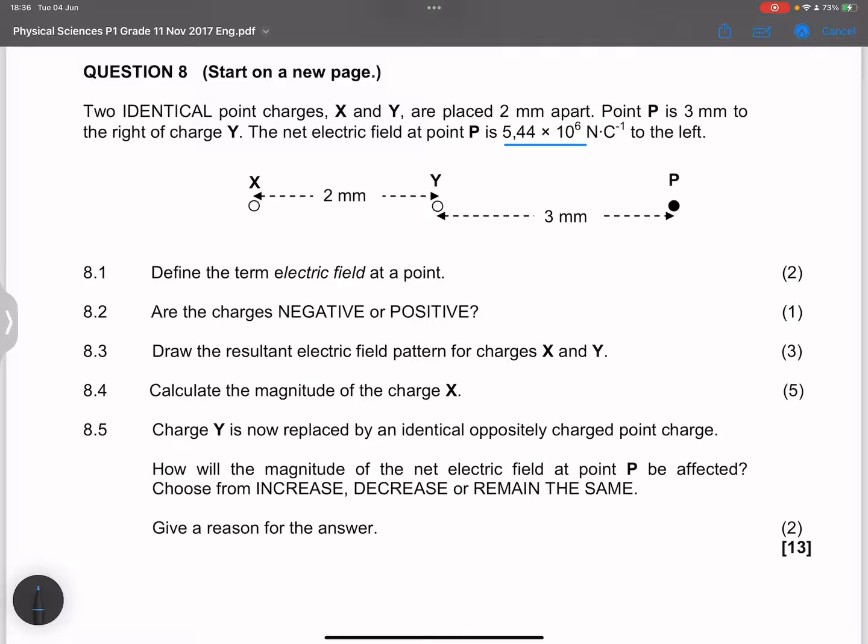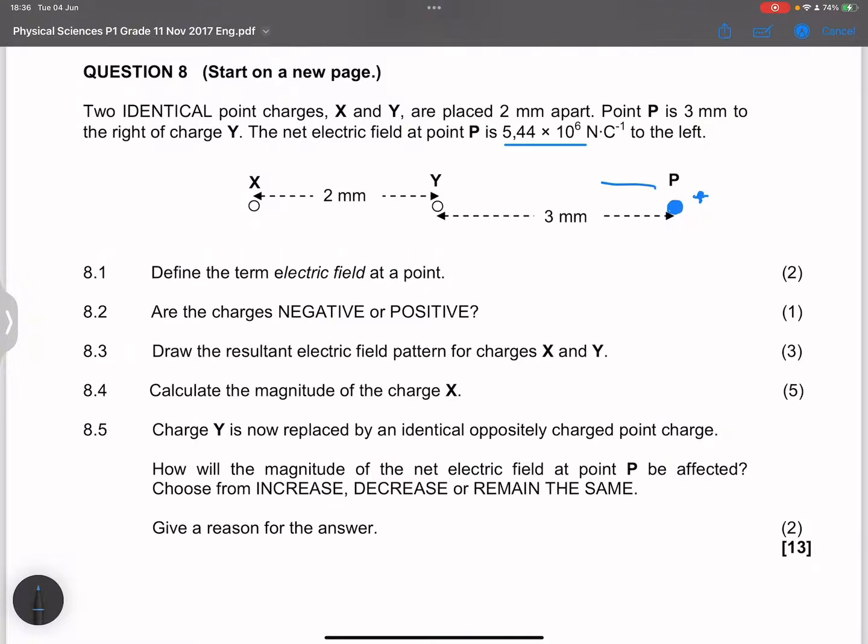Now, the fact that they told us that P is simply a point. Remember, we always assume that that is a positive point charge, a test charge. So we assume that point to be positive. Now, the net electric field at that point is to the left.